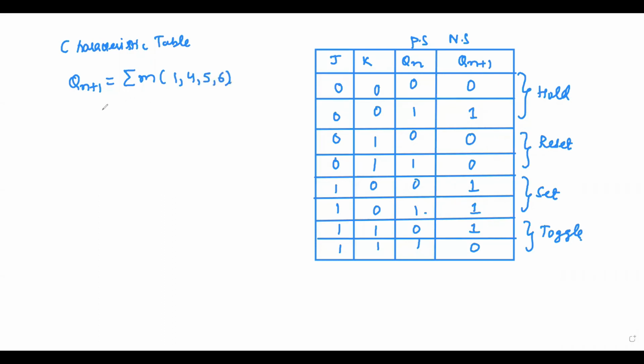We don't have any don't cares. Solving it, Qn plus 1 is equal to J Qn bar plus K bar Qn. That is the equation for the next state.